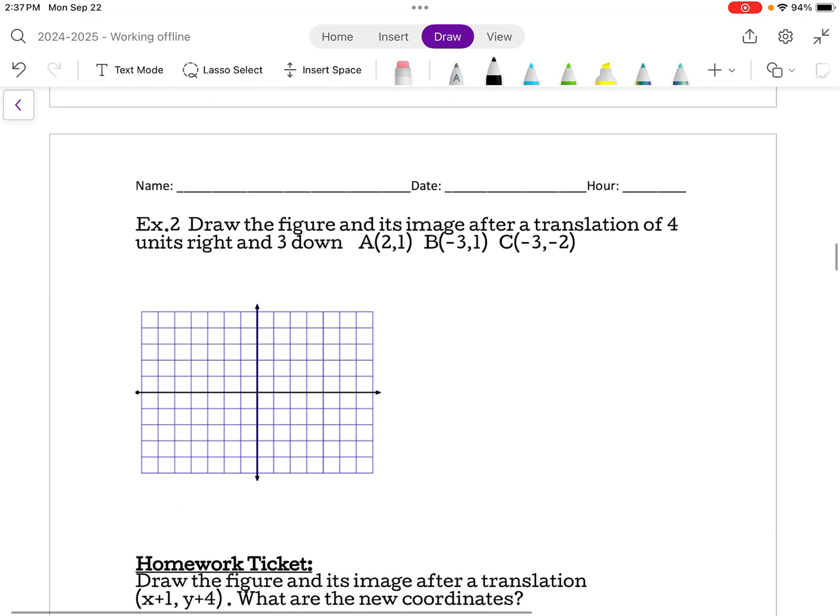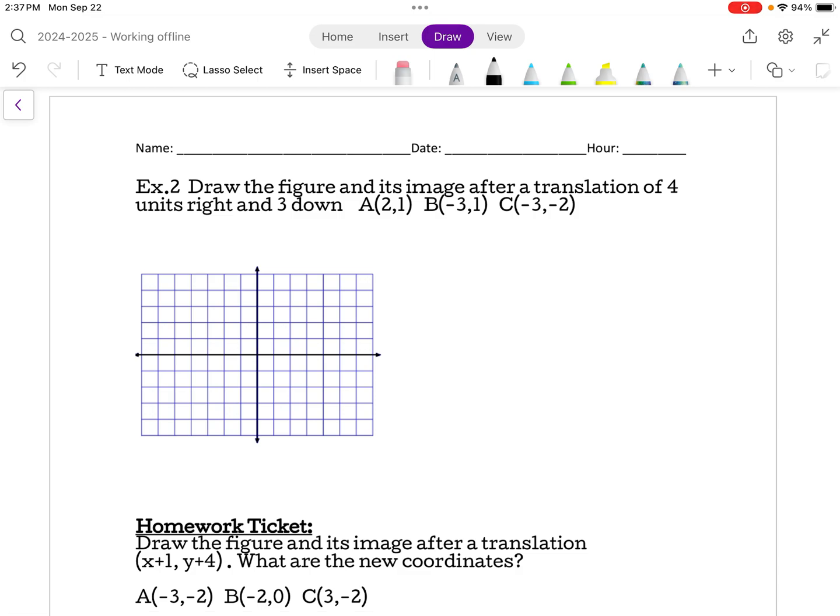All right, let's look at example 2. Example 2 gives me 3 points, and unlike example 1, it hasn't been graphed for you. So first thing I want to do is just graph A, B, and C. So A, 2, comma 1, B, -3, comma 1, that would be B, and then C is -3, comma -2.